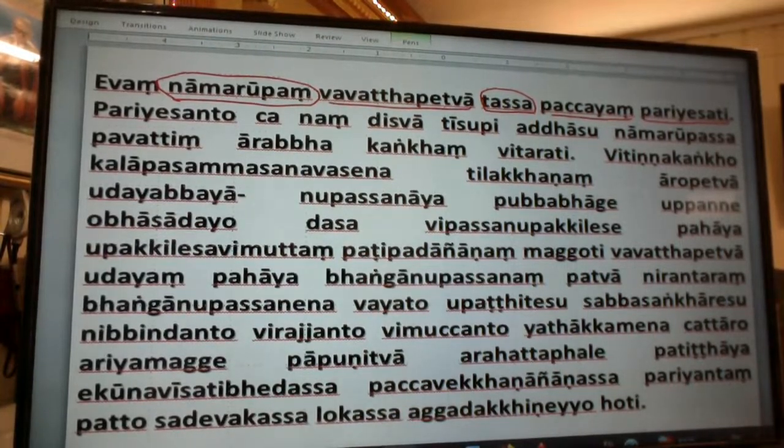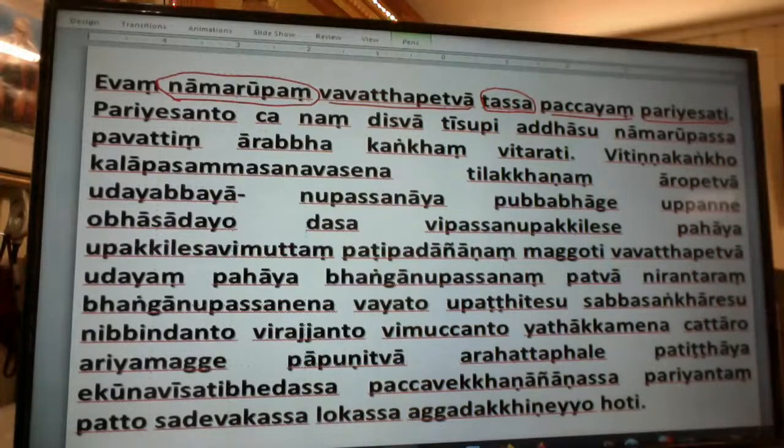Materiality, mentality. So for namarupa, the paccaya mentioned here is just the cause. When you learn Paticcasamuppada, dependent origination, it mentions the causes: avijja, sankhara, vinnana, kamma, ahara, phassa, namarupa.